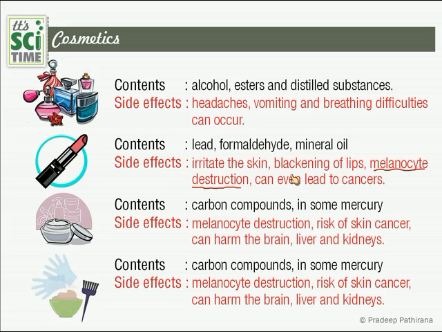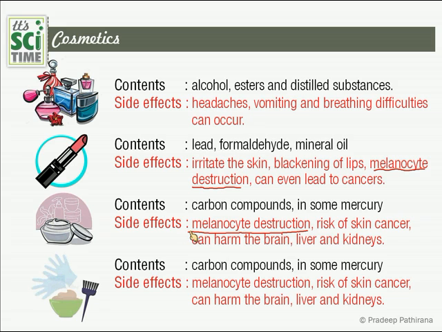Melanin is the protective pigment available in the skin, and it resists the UV or ultraviolet rays. You know that it's common in all. Melanocyte destruction takes place when using lotions and creams, especially the fairness cream types, and they destroy the melanocytes.